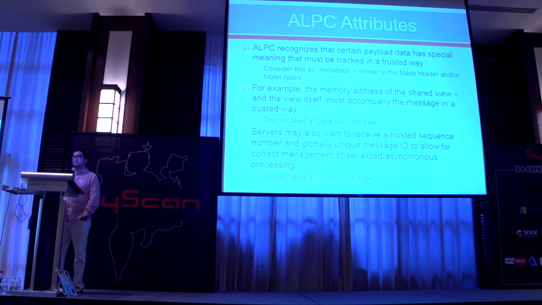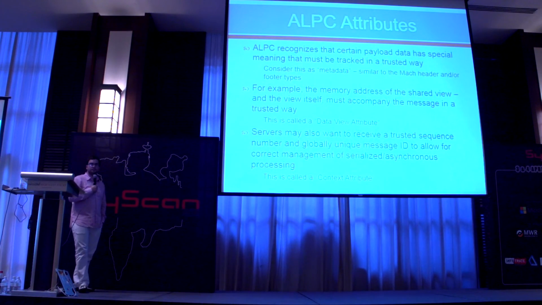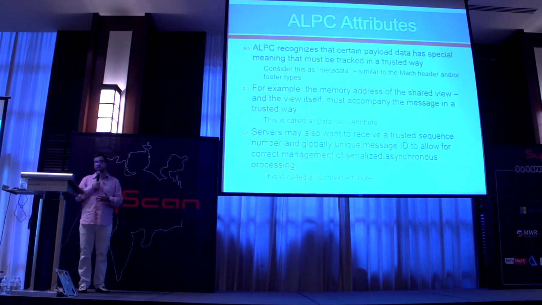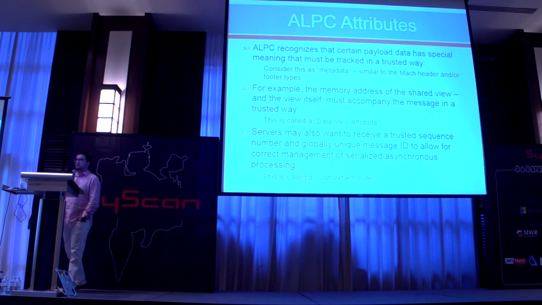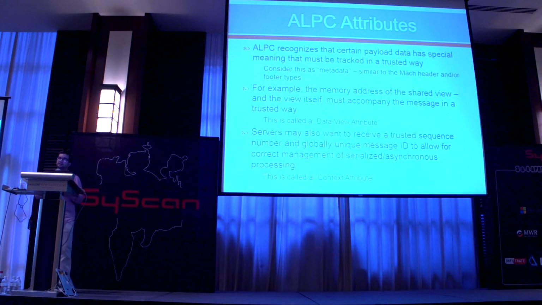So attributes are ALPC's way of handling what I would call metadata. So your payload is data. It's some opaque information between you and a server, or between a server and the client. The metadata is information that needs to be trusted in some sort of way, or needs to be tracked in a special way that we don't want to treat opaquely. And in LPC, in the legacy system, there were no attributes.